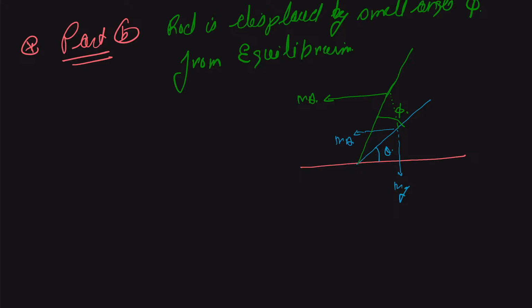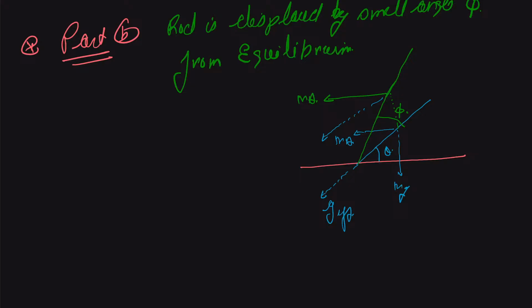And as in the previous part we said, the G effective should be in this direction, so we can call this our G effective. When it is disturbed, the G effective is also going to shift its position.